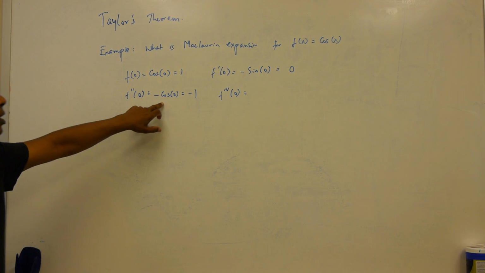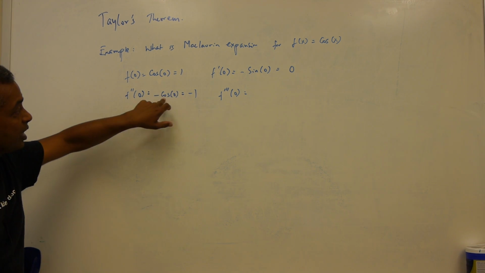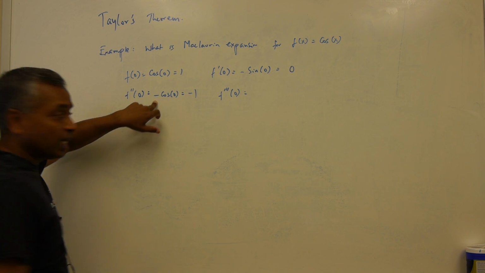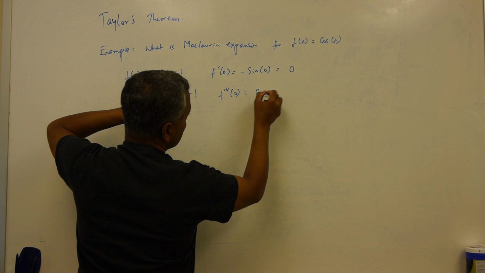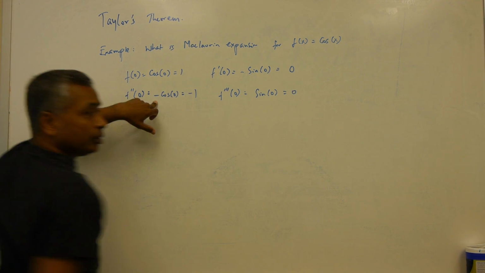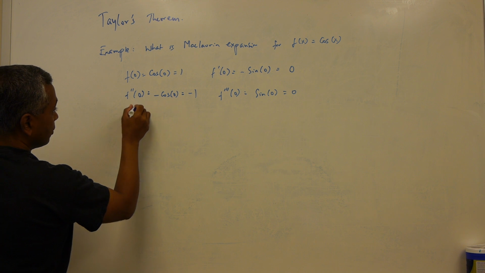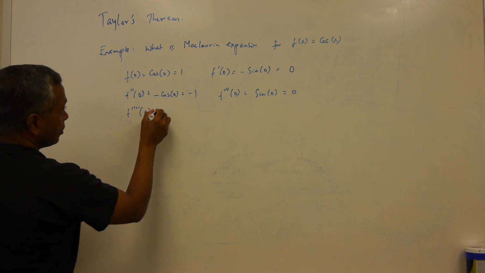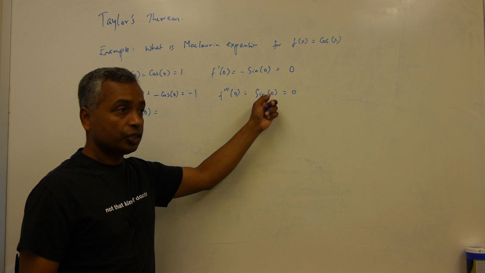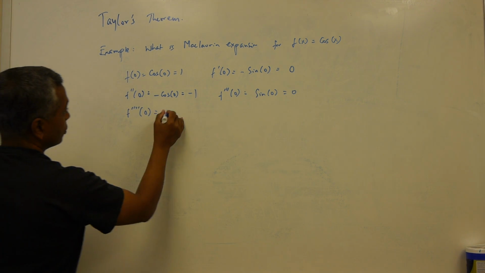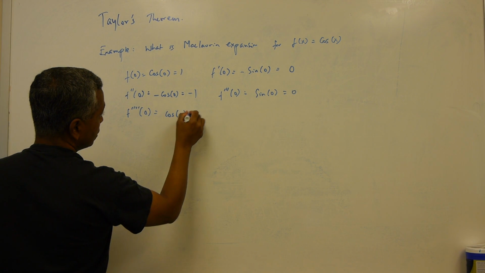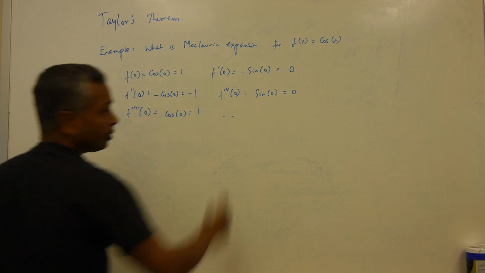The third derivative: the derivative of cosine x is minus sine x, and that's a minus, so this becomes simply sine x, so this is sine 0, which is 0. Let me do one more. The fourth derivative at 0 is the derivative of sine x, which is cosine x, and this is simply cosine 0, which is 1, and so on.